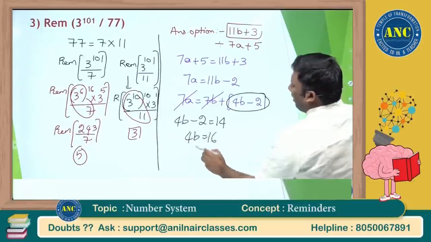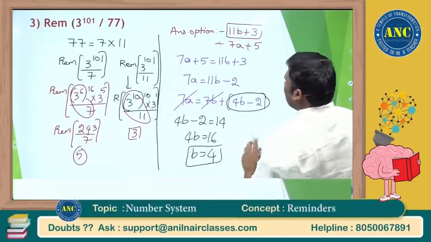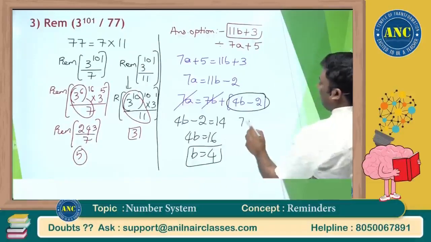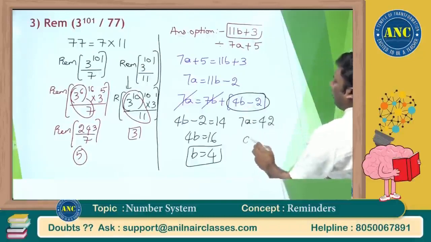So 4b equals 16, b is 4. If b is 4, then 7a equals 44 minus 2, 42.